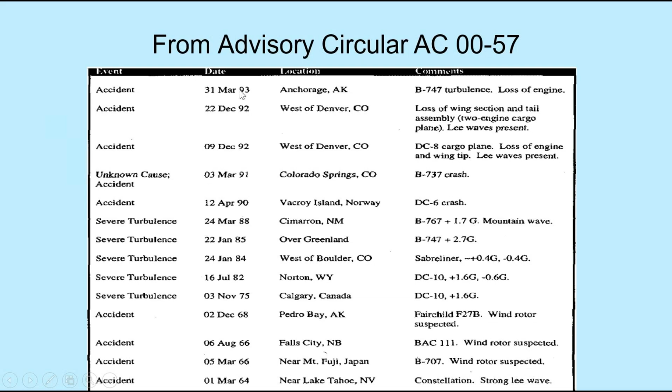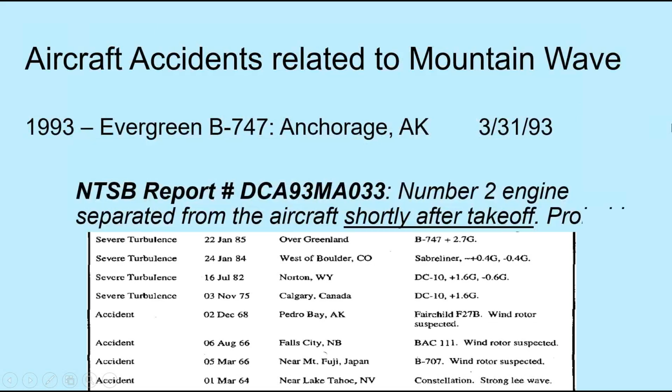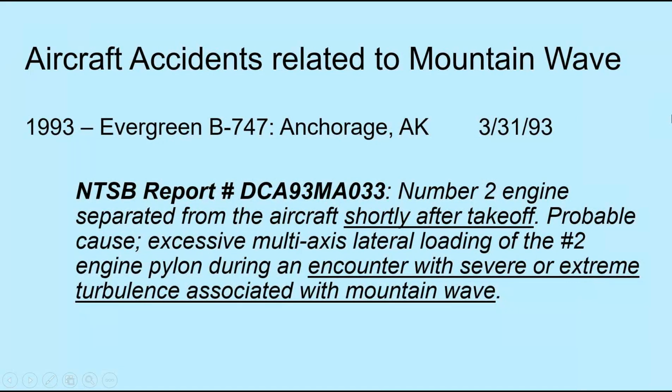One in particular of interest: in March of '93 in Anchorage, this is right out of the NTSB report. A Boeing 747, shortly after takeoff, was climbing out between 4,000 and 8,000 feet and experiencing fluctuations in airspeed of plus and minus 35 from the speed they were trying to target.